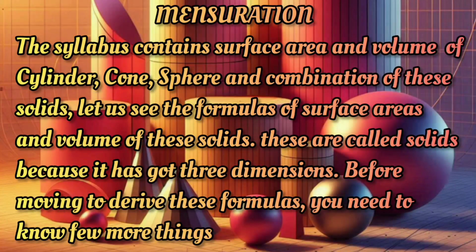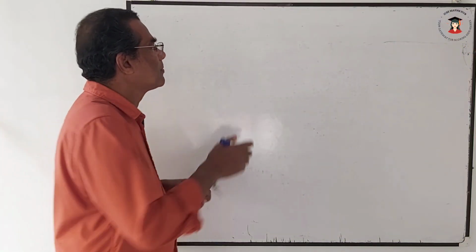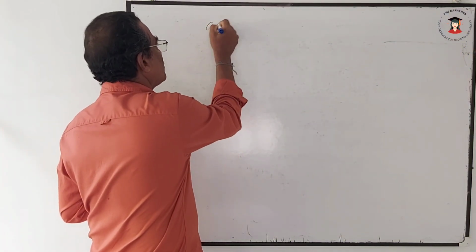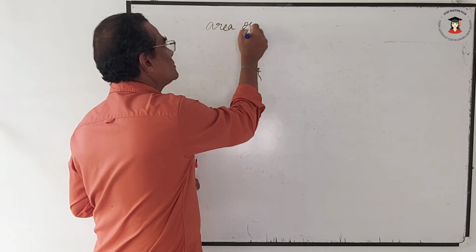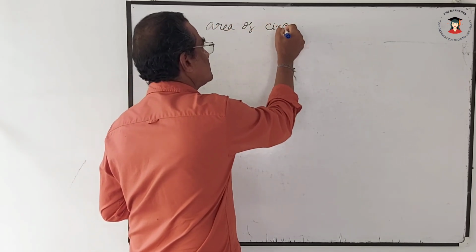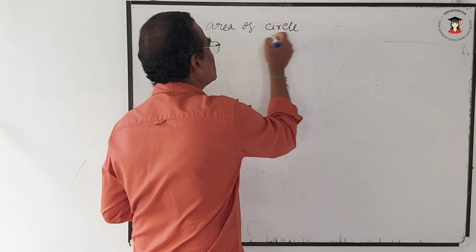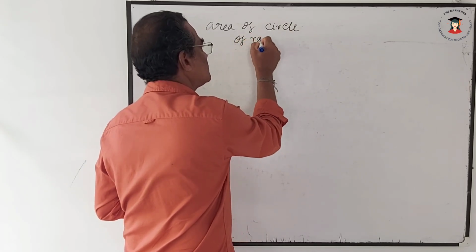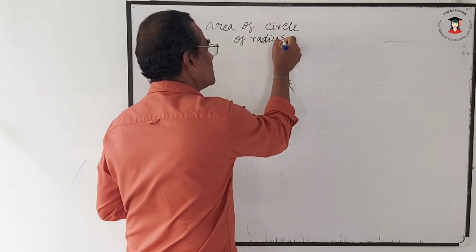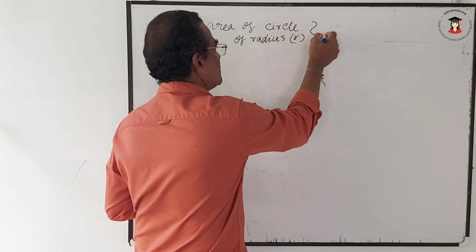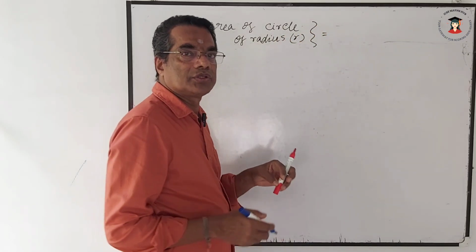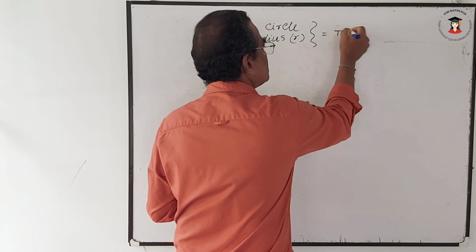Before moving to derive the formulas, you need to know a few more things. That is, the area of a circle of radius r is equal to pi r square.